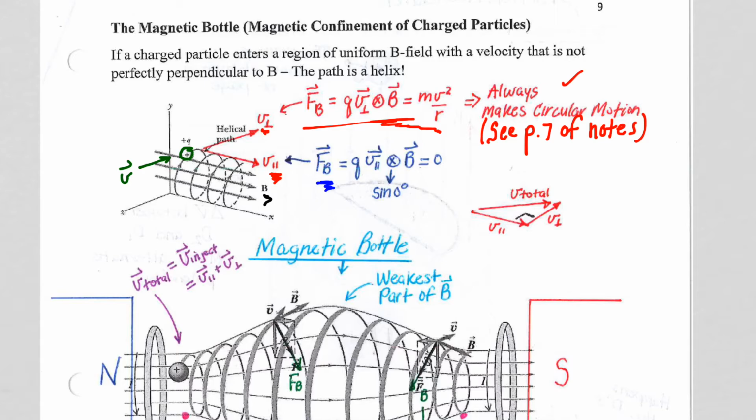So you get both, and in general, charged particles spiral in helical paths around magnetic fields, and that is by far the most important thing off of this page of notes. That you know that that's the general motion of a charged particle in relationship to magnetic fields. They spiral, charged particles spiral around magnetic fields.